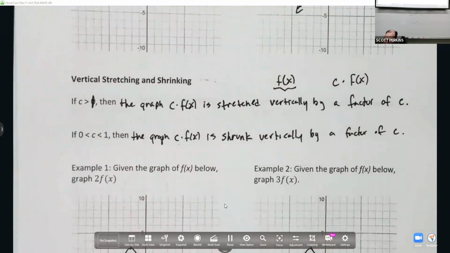So basically, just like with our translations moving up and down, it just depends on the value of c. And once you know the value of c, you know everything that you need to know.